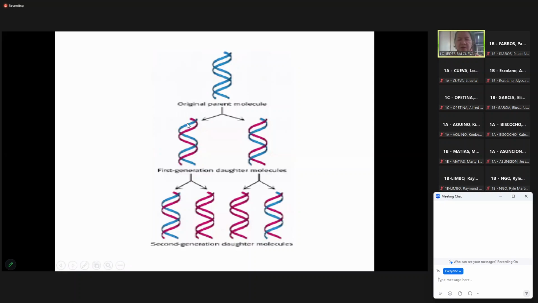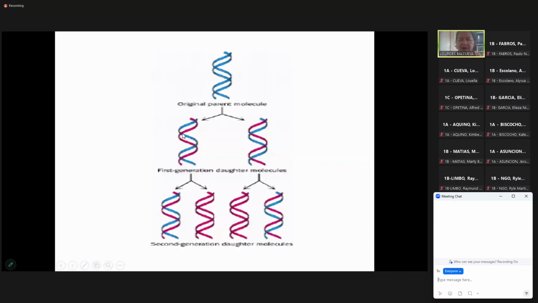So from one strand, another strand is synthesized, forming one DNA molecule, and from the other strand, another daughter strand is synthesized, and so you have another DNA molecule, okay?